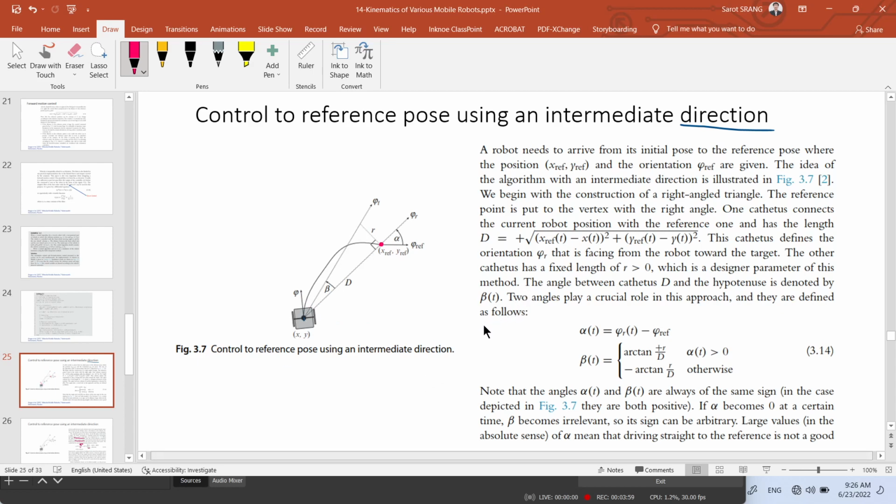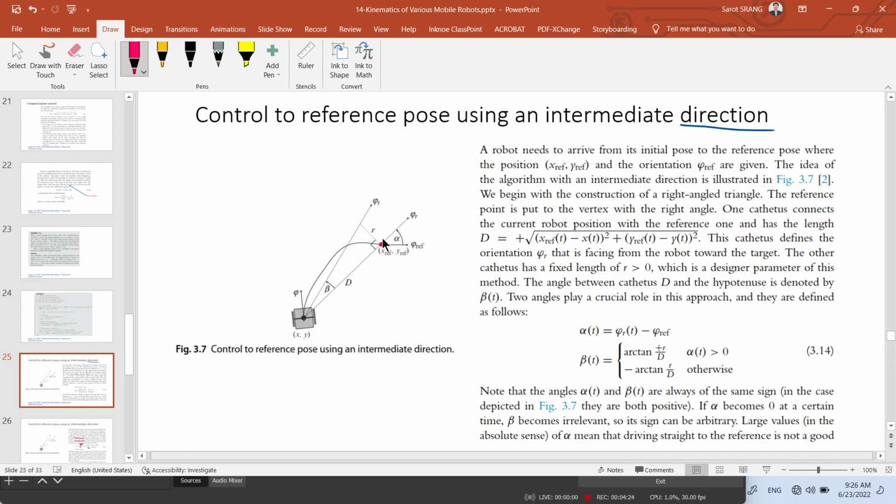Now let's see some terminology. First, the distance from the instantaneous position to the goal is denoted by capital D. Alpha is the angle from the reference vector to phi r.